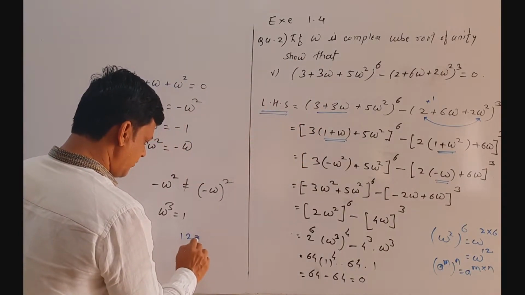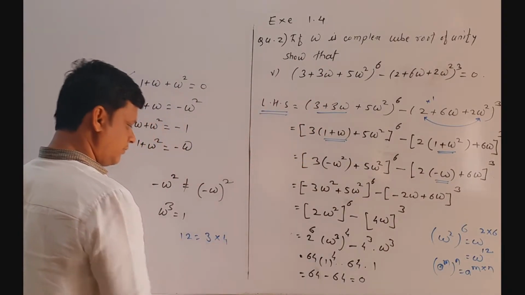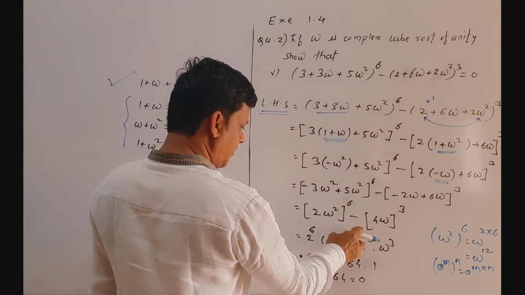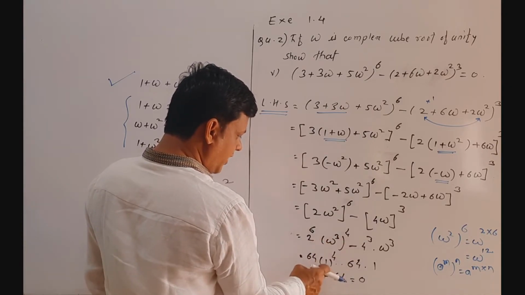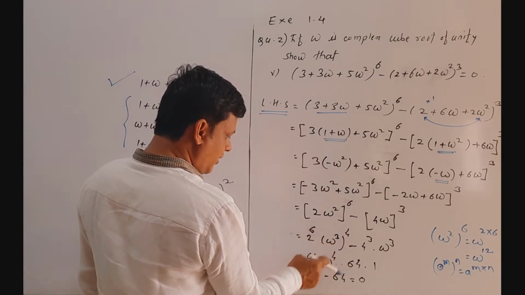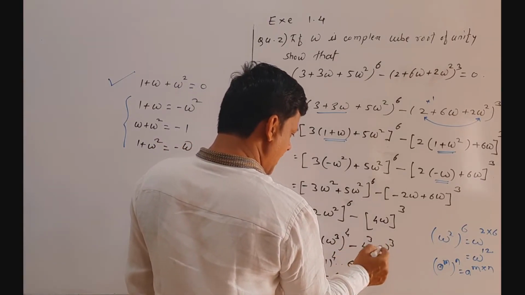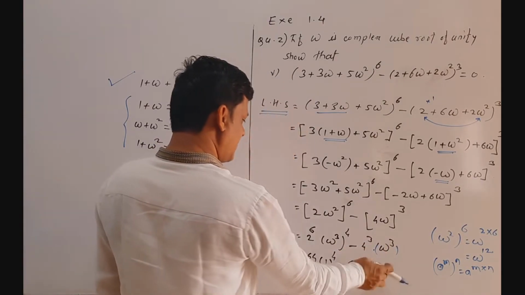We factorize 12 into 3 into 4, so we write power 3 first, then power 4. So ω³ we replace by 1, 2^6 is 64, and here 4³ is 64, and again this ω³ we replace by 1.